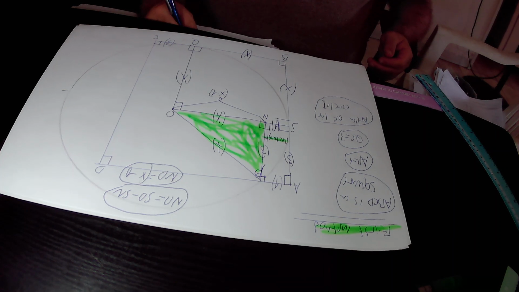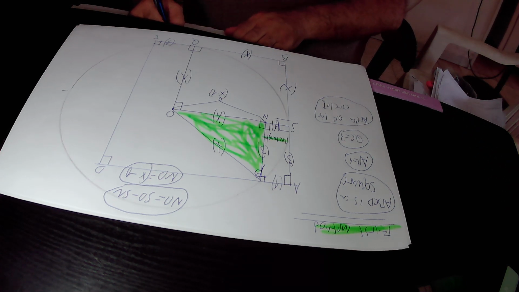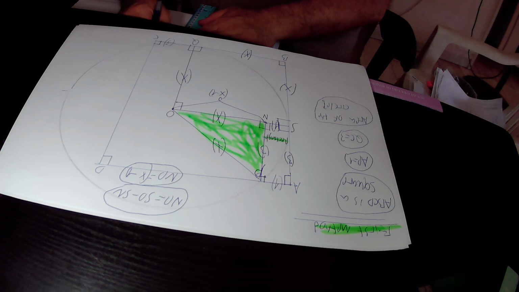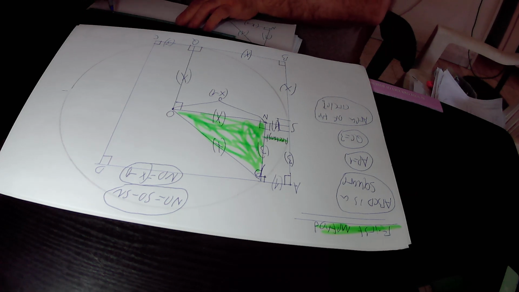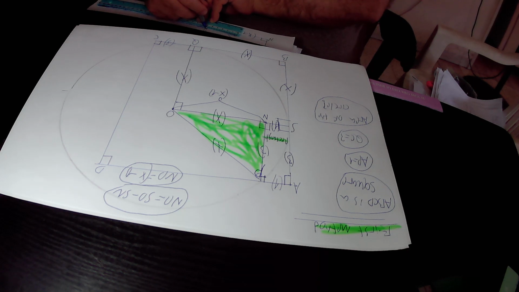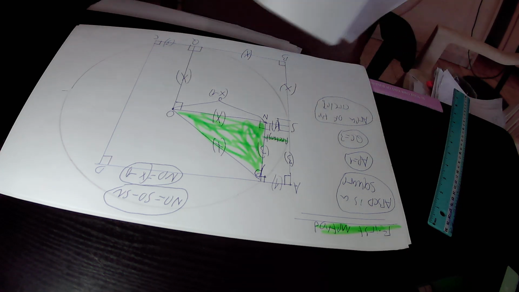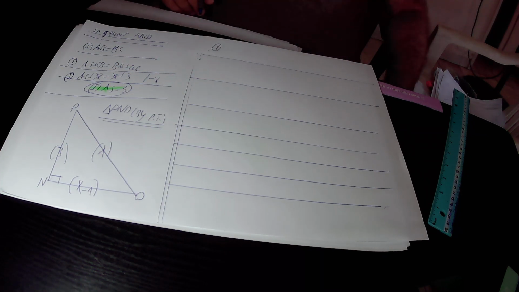Here PT is the abbreviation for Pythagoras theorem. So actually this is again the right triangle PNO that I copied from the original drawing.